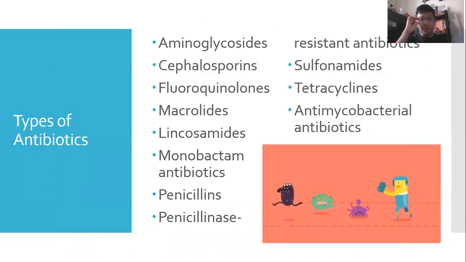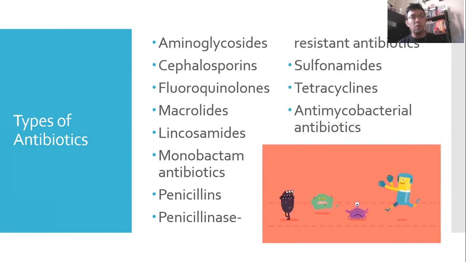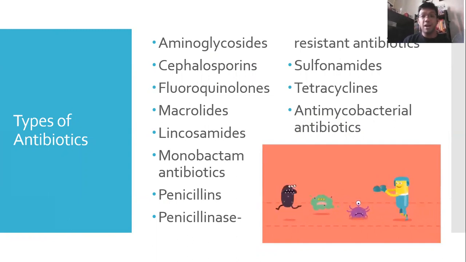We have different types of antibiotics: aminoglycosides, cephalosporins, fluoroquinolones, macrolides, lincosamides, monobactam antibiotics, penicillins, penicillinase-resistant antibiotics, sulfonamides, tetracyclines, and lastly, the antimycobacterial antibiotics. So these are the different types. Each of them has different kinds of action and they treat various forms of bacterial infections.